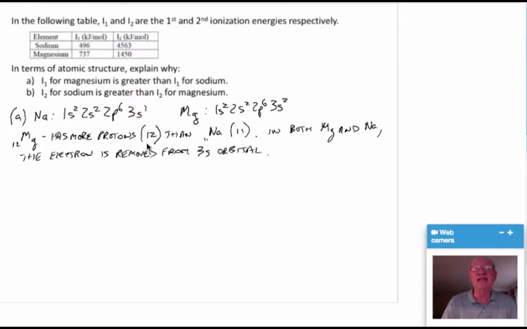So since magnesium has more protons, additional protons means a higher effective nuclear charge.